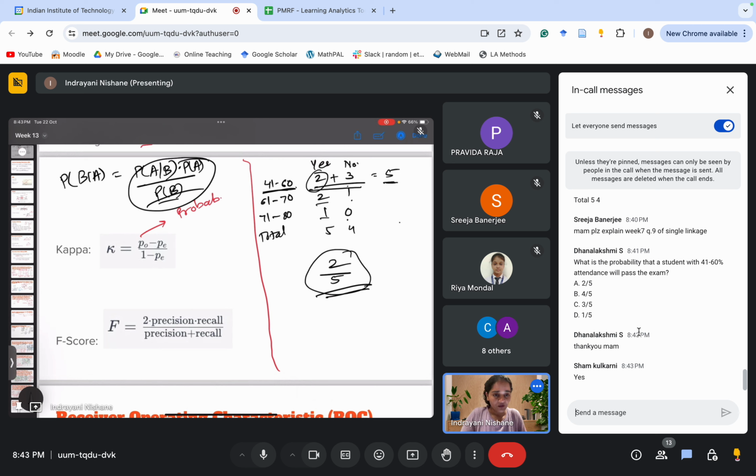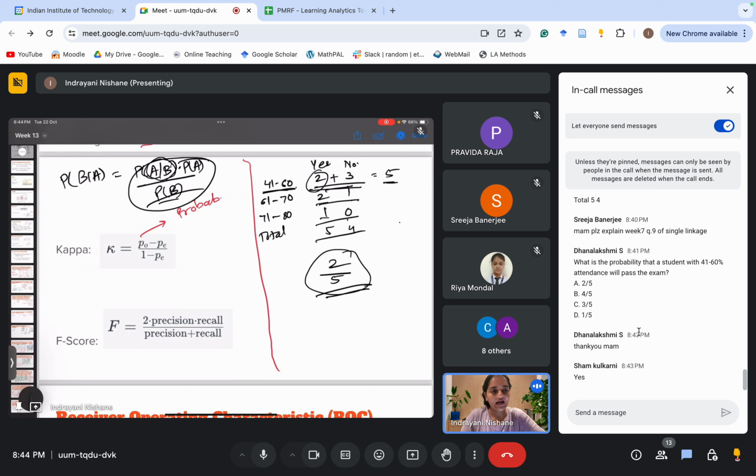You may confuse probability of A given B. The best way is to interpret the question and get to the numbers from this table. That's the easiest way to do naive Bayes classifier questions. Interpret the English of the question and then try to answer.